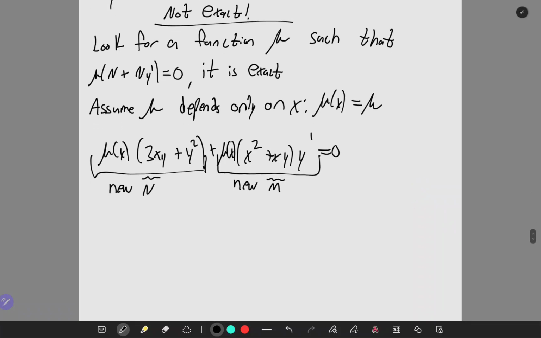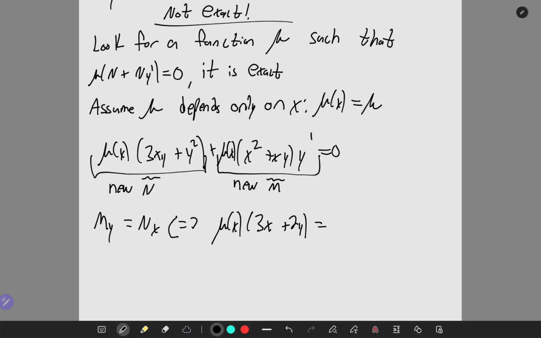Okay, so now we want M of y to equal N of x, right? So if we take mu of x times (3x plus 2y), we took the partial with respect to y, set it equal to the partial with respect to x.